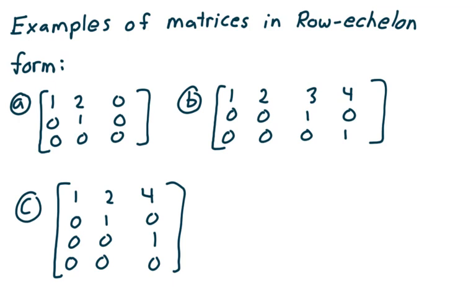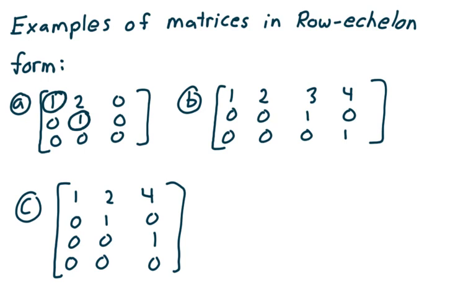The first entry in the first row is 1, my leading one. In the second row, the leading one is further to the right than the leading one in the first row. And so, this matrix is in row echelon form.